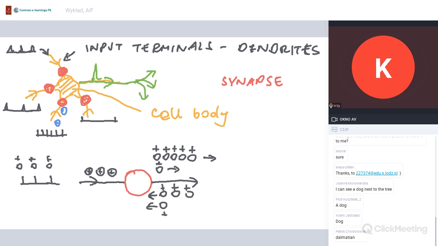The synapses that operate according to this scheme are called excitatory synapses, and synapses that operate according to this scheme are called inhibitory synapses.